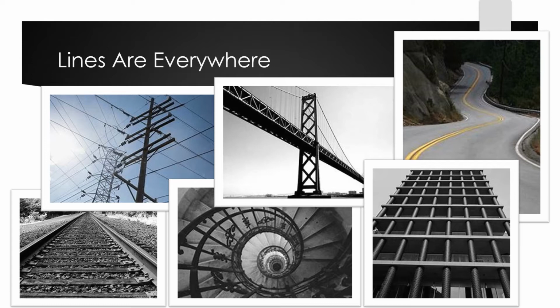Lastly, the building includes both horizontal and vertical lines framing rectangular windows. As you can see, lines are used in many different places in many different ways. Can you look around your home or your neighborhood today and identify different lines that you see?